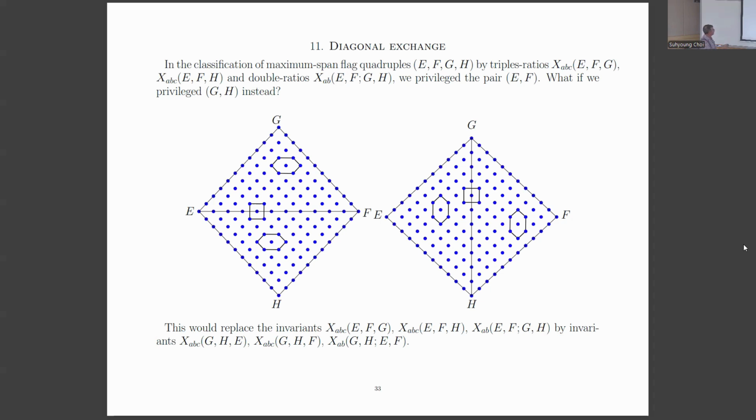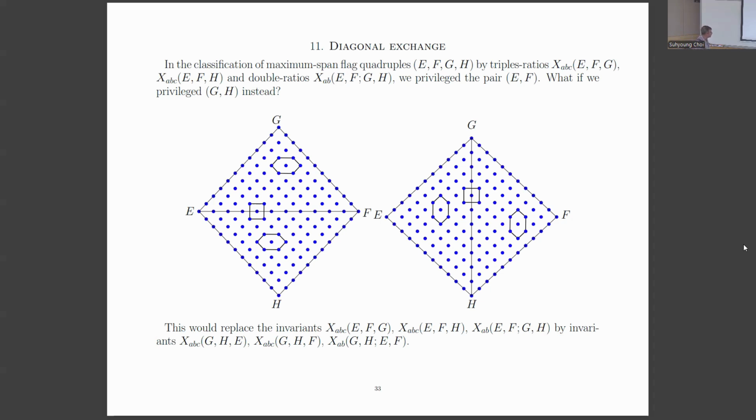Namely, instead of putting the emphasis on E and F, I could have put the emphasis on G and H. I could do the same thing, and so then I would consider the triple ratios of E, G, H and of F, G, H. And also the double ratio here.